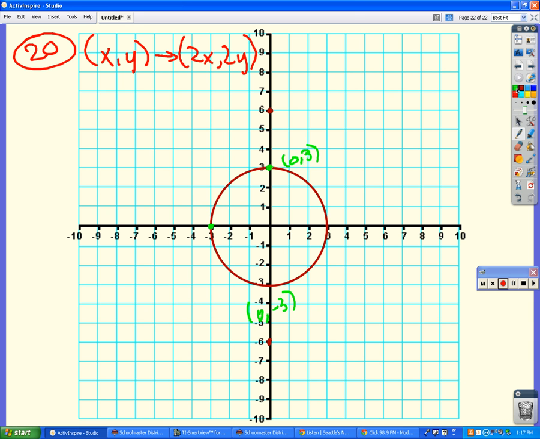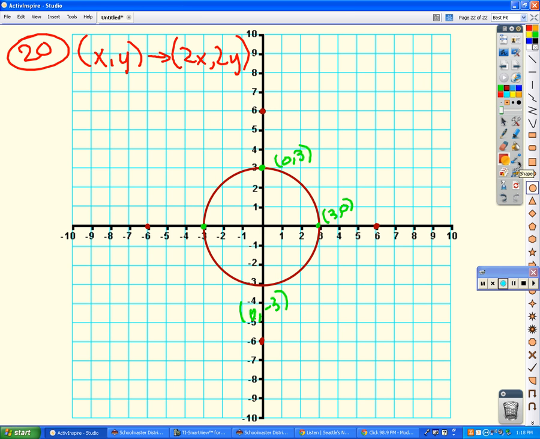All right, so there's 2 points. Give me a couple more. 3, 0, this guy right here. If I double both of those coordinates, where do I end up? Right here at 6, 0, and then you should be able to see that -3, 0 will get doubled to -6. Can I make a circle out of those new points?